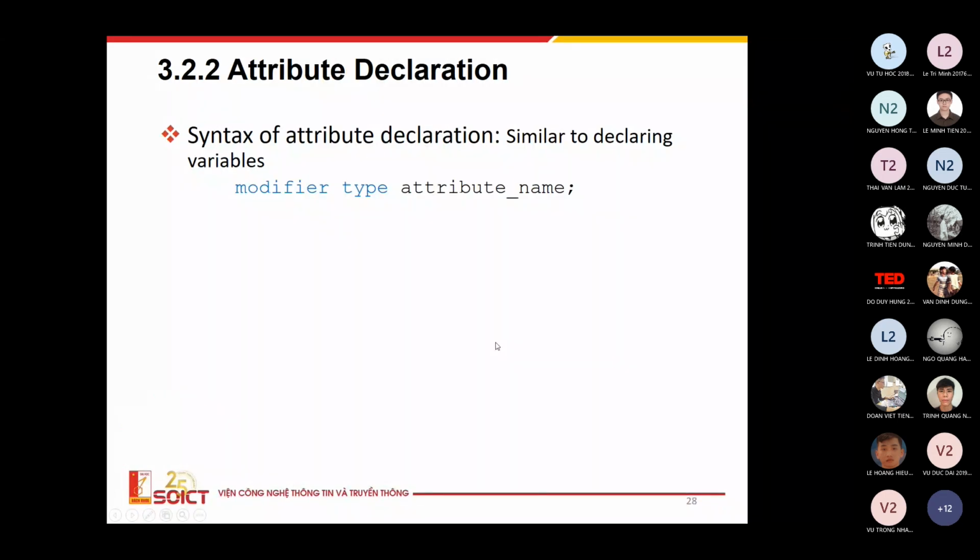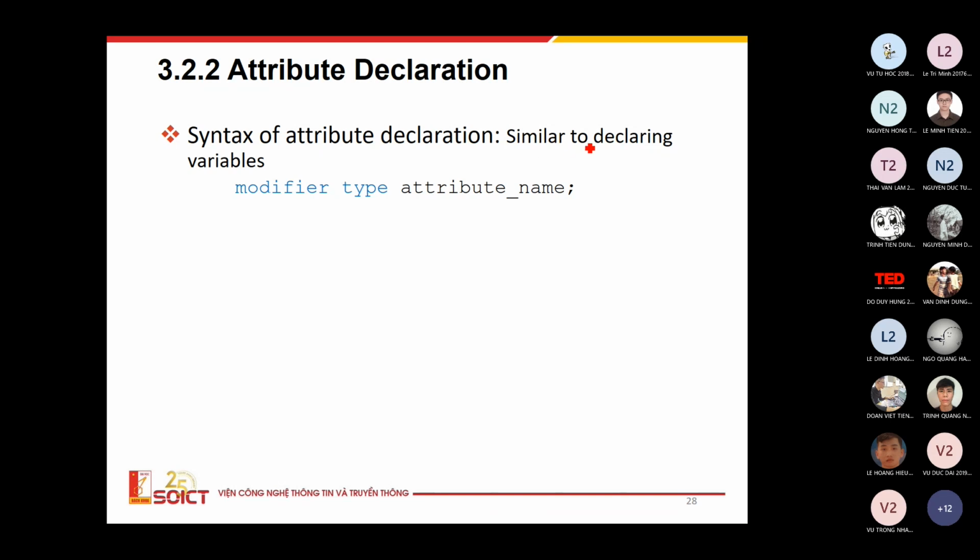Okay. So we move to how you will declare the attribute. You know how to declare the class, and now you will know how to declare the attribute. You know that the attribute is something like the property of this object.